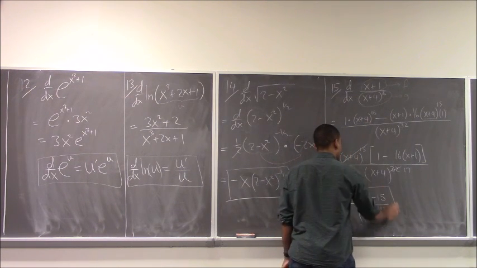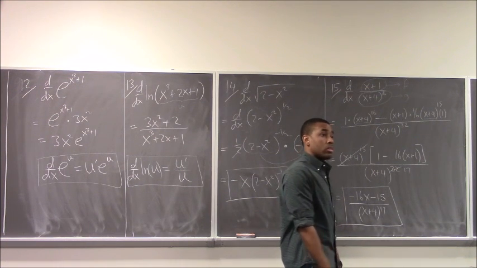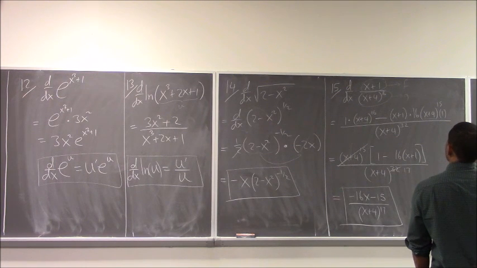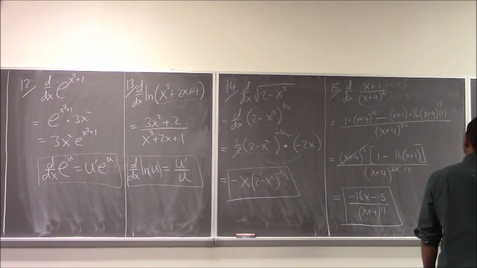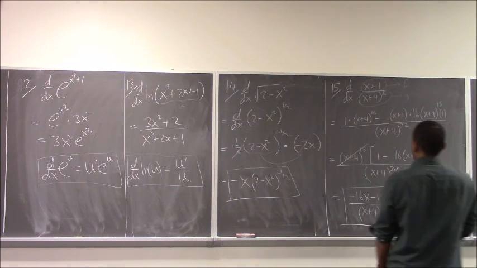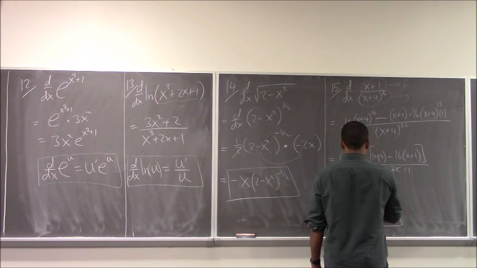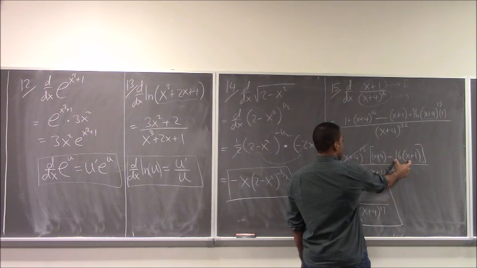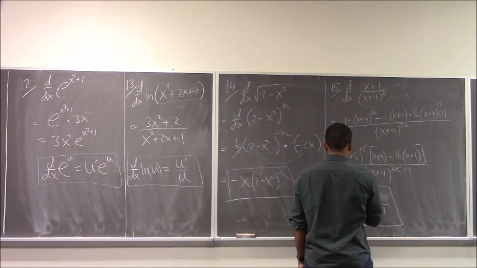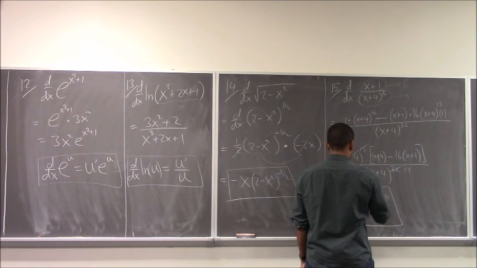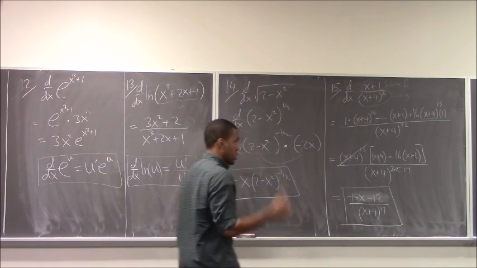And you would leave it like that. Oh, it's 16 and we just have 1 and 15, so it will be x plus 4 to the 15 times x plus 4 minus 16 times x plus 1. Oh, yes, you're right. That was to the 16. So this will be the top here. So it's minus 16x plus x, minus 15x, minus 16 plus 4, minus 12. Alright, good catch.